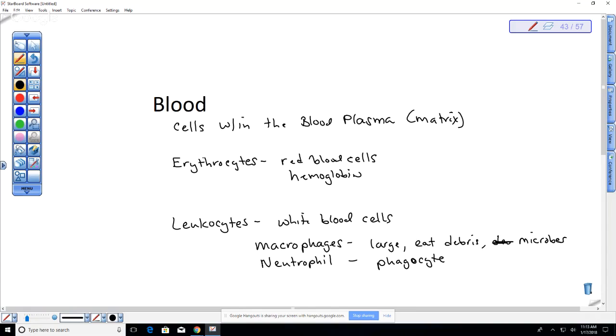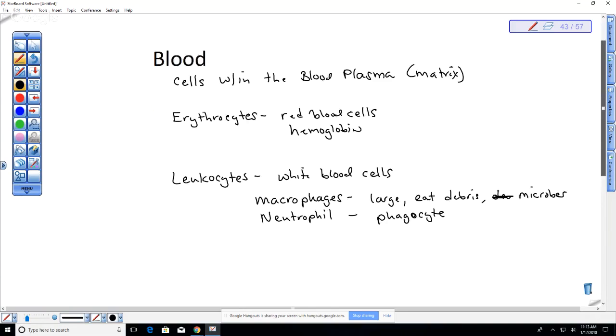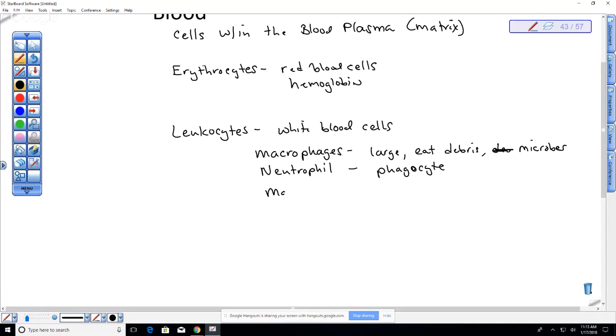It's just that the macrophages are bigger and they do it a little bit differently than the neutrophils. The other type of leukocyte that we have is what is called a mast cell. And the mast cell produces a really important chemical, which is called histamine.